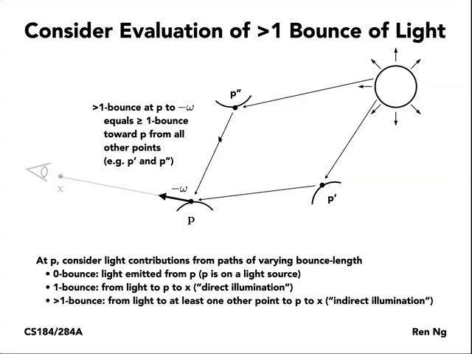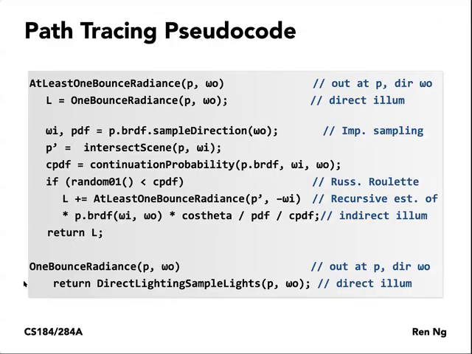Let's say it was this direction up here. From the point P going in that direction omega I, what's the hit point? I find P prime in this case. It's choosing some random point. So let me go back to the pseudocode. That's what this line is doing here, finding the intersection point in the world for the next point along this infinite bounce path.